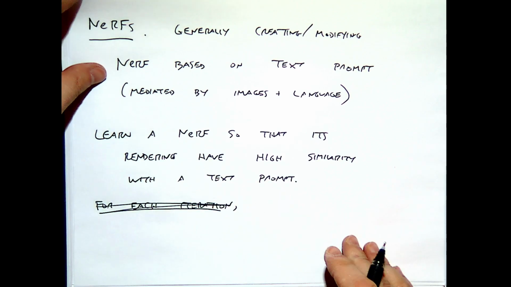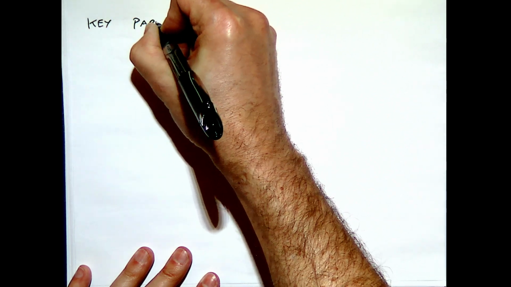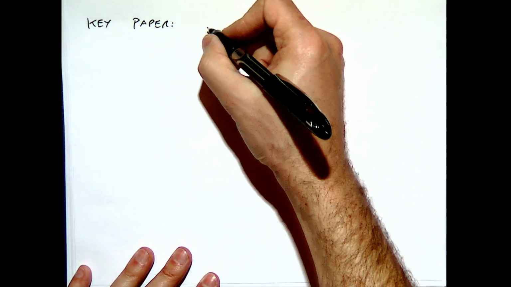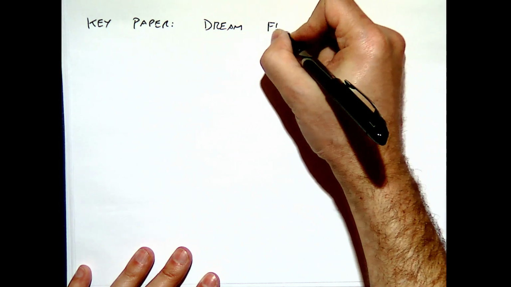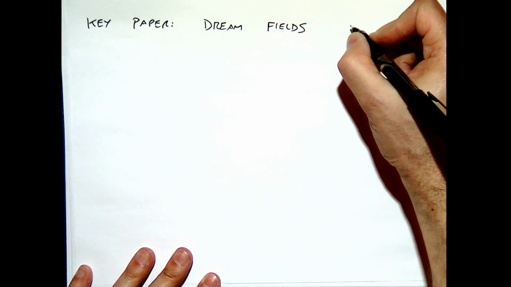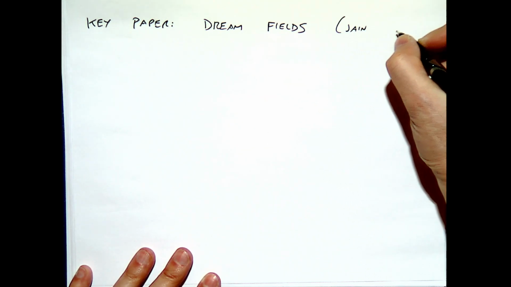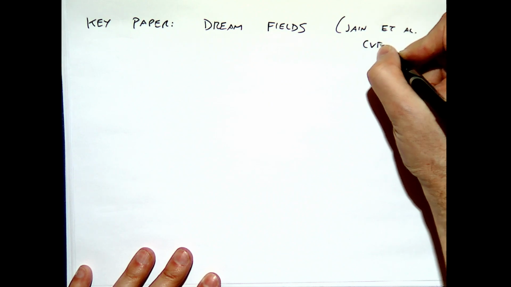The key paper here was called Dream Fields. We talked about Deep Dream, and Dream Fusion we're going to talk about, but first Dream Fields. This was in last year's CVPR by a team from Google.